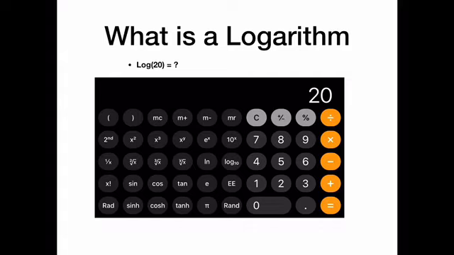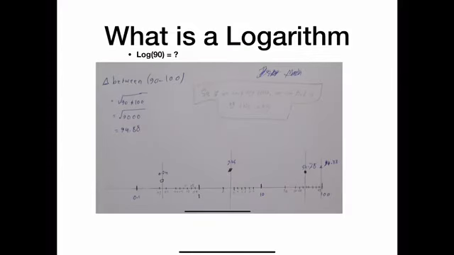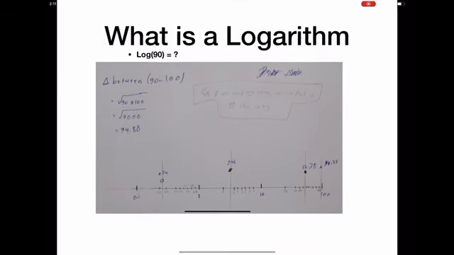If we ask the calculator to give us the precise calculations, what do we get? We get 1.30. And if we look, does it seem that the 20 is about 1/3 of the way up from 10? Well, it looks as though it is.